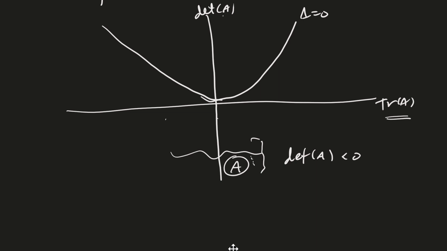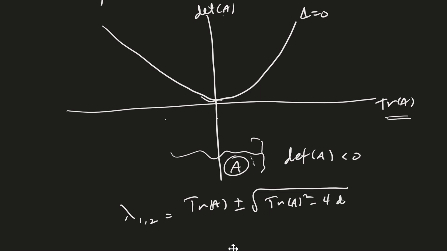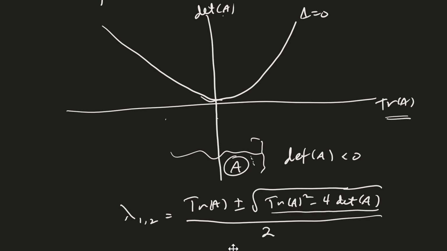Well, if we remember our lambdas, they are the trace of A plus or minus the square root of the trace of A squared minus 4 times the determinant of A. What happens to my expression in here if the determinant is negative?